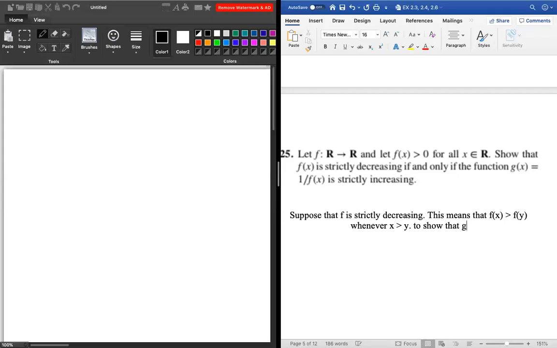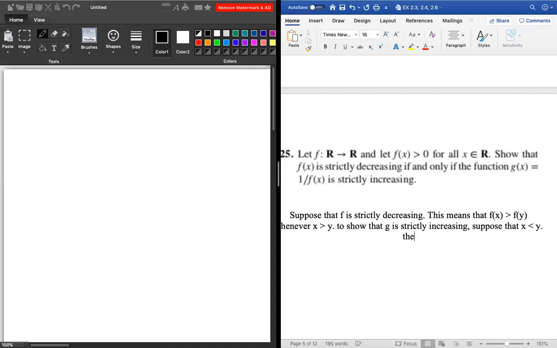And to show that g is strictly increasing, suppose that x is less than y.